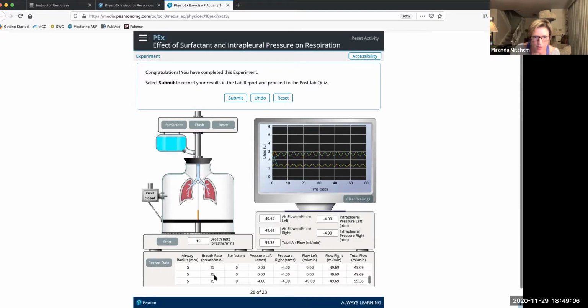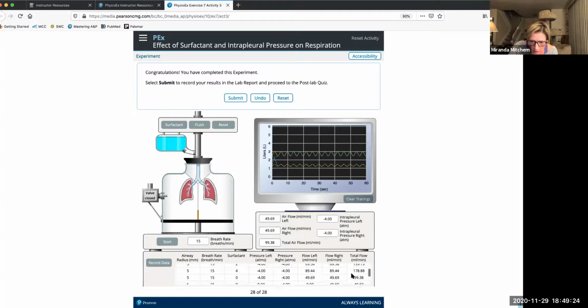Okay, so our breathing rate's the same, the surfactant's the same, but look, now our pressure has allowed, we've gotten our lower pressure back, and that allows for proper flow, and we get back to our total flow that is about 100 mils per minute. Let's scroll up to the top. So this was our beginning value, close to 100 mils per minute.